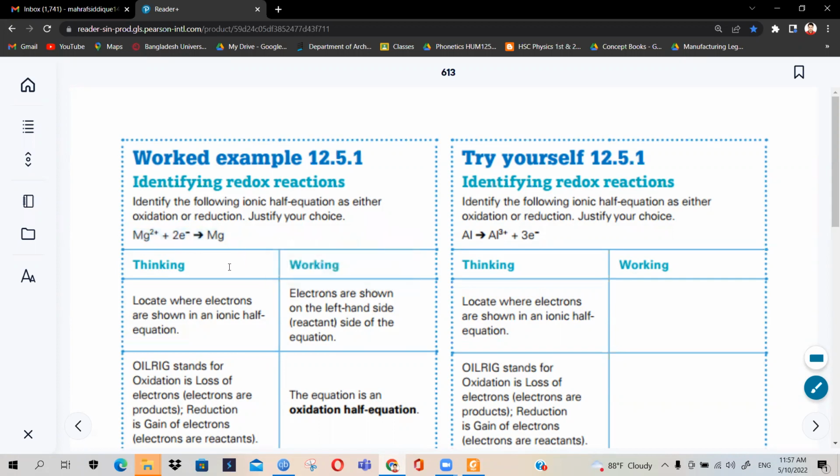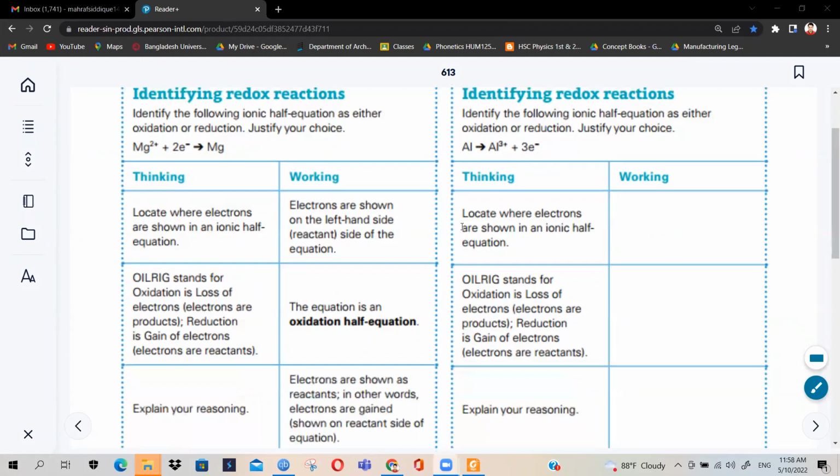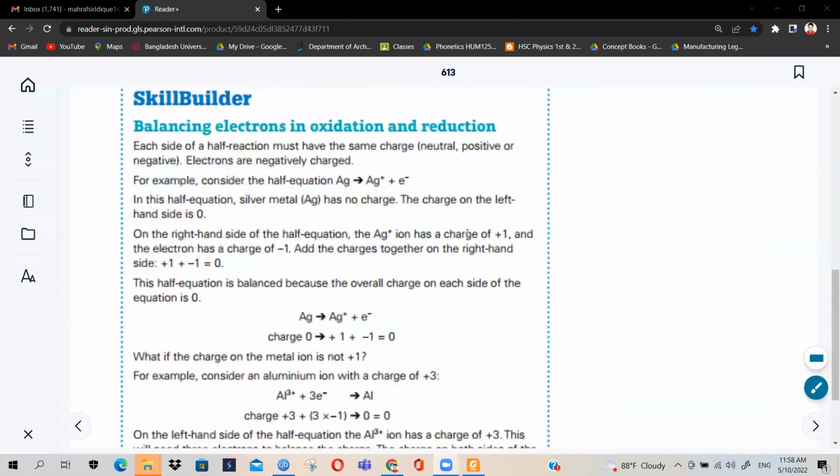Reduction, because there is a gain of electrons. That's reduction, no, oxidation. That is why I said take the electron to the left side. Okay, take the electron to the left side.